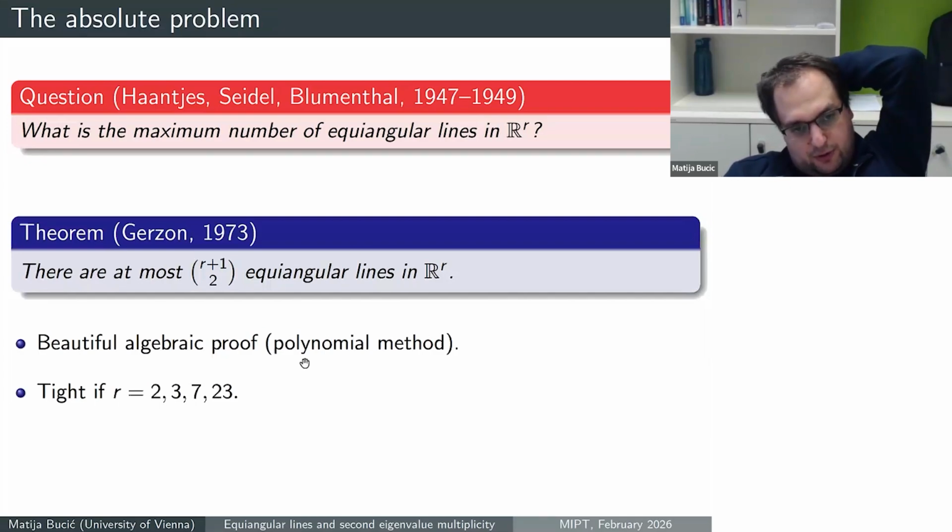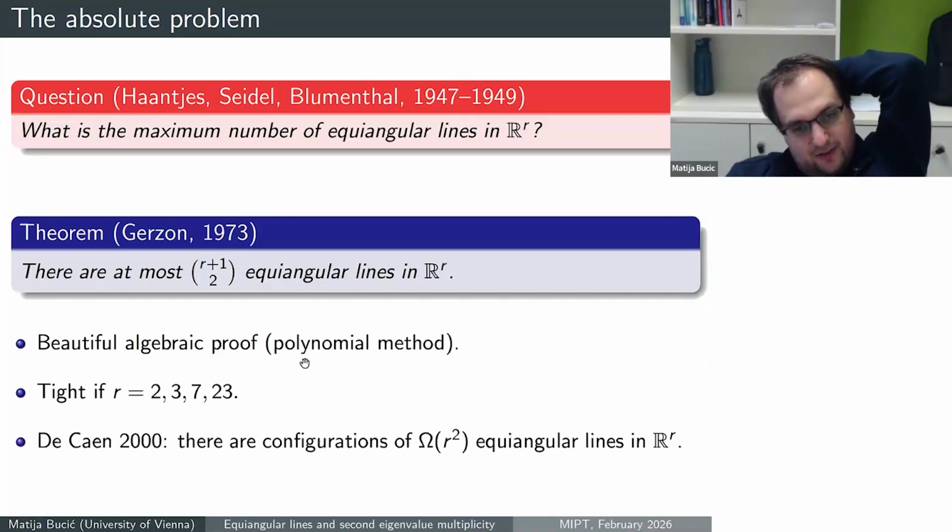Very good. So in general, we do know that this quadratic upper bound is roughly the correct behavior. This is thanks to some constructions coming from algebraic number theory due to DKN, which are actually reasonably recent. And since then, there have been several other constructions that achieve the quadratic order of magnitude.